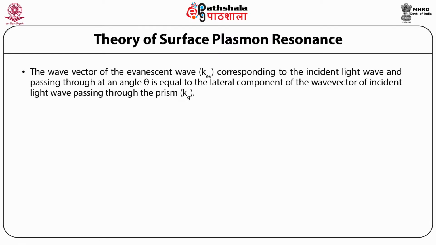The wave vector of the evanescent wave Kev, corresponding to the incident light wave passing at an angle theta, is equal to the lateral component of the wave vector of the incident light wave passing through the prism Kg. So Kev equals Kg sin theta, equal to omega by c root of epsilon g sin theta.